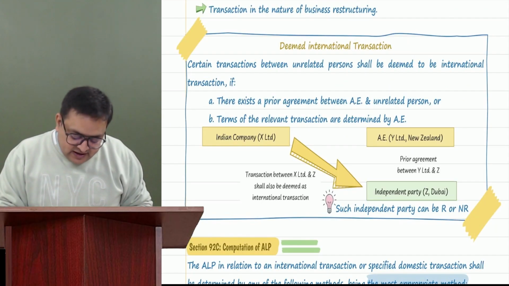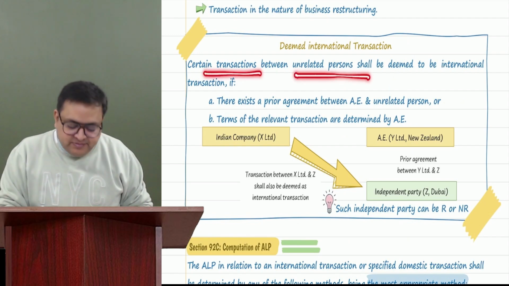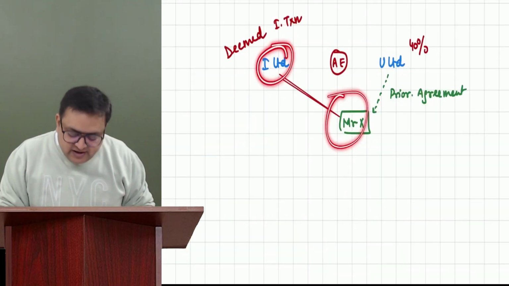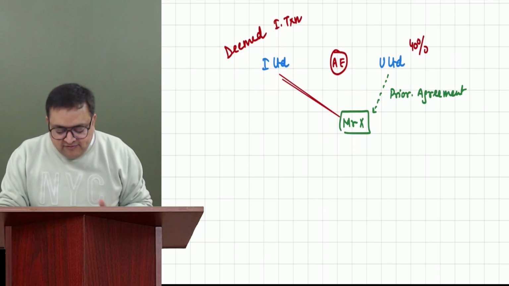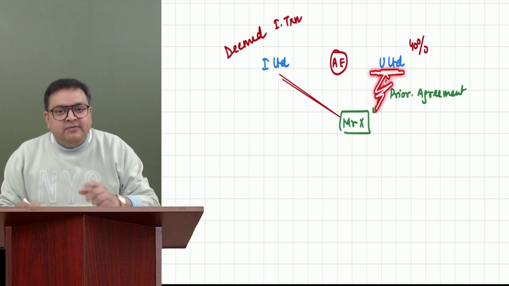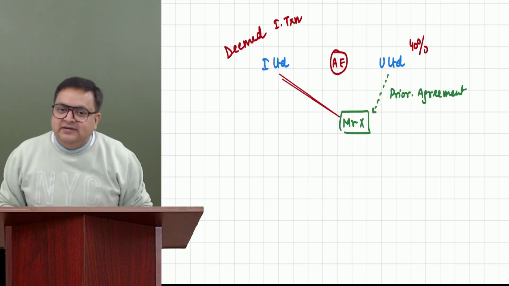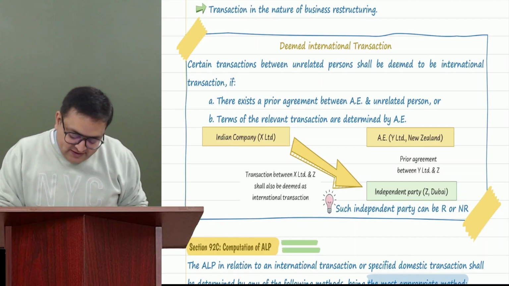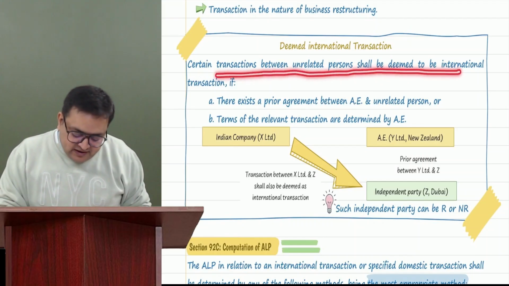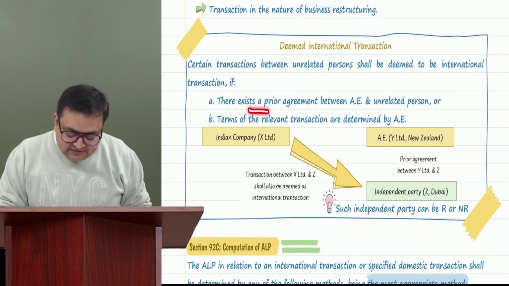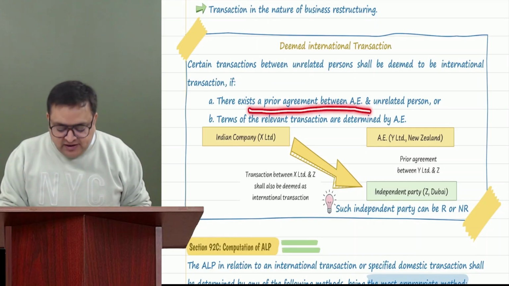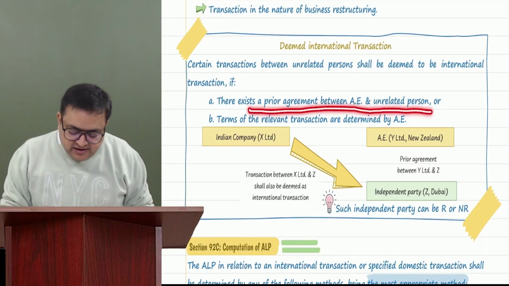So it is written that certain transactions between unrelated persons, see, these two are unrelated, but why? Because your associated enterprise is influencing this transaction. So it's written over there: certain transactions between unrelated persons shall be deemed to be international transactions if there exists a prior agreement between associated enterprises and the unrelated person.